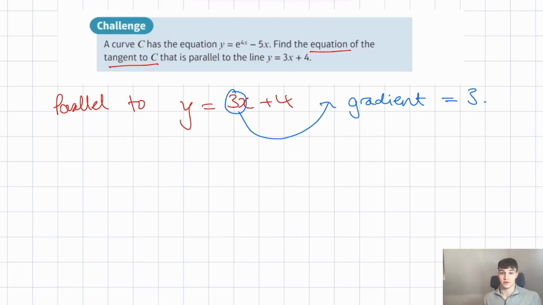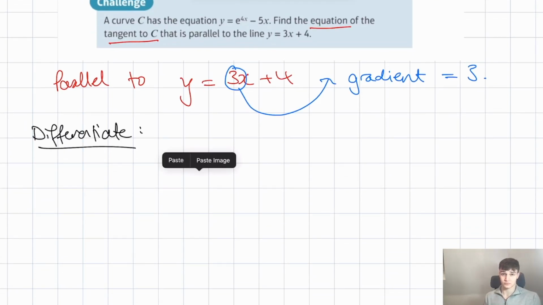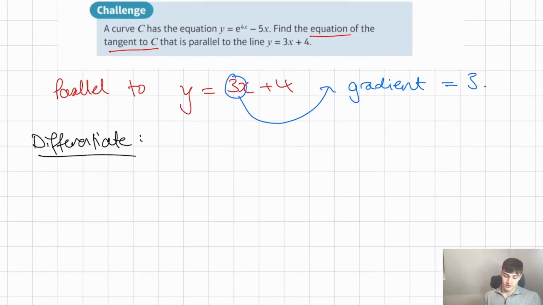That's what we know. Why don't we just try and find out where our gradient could be 3 on our curve? How do we do that? Well, we need to differentiate, don't we? So we're going to get dy by dx is equal to 4e to the 4x minus 5.